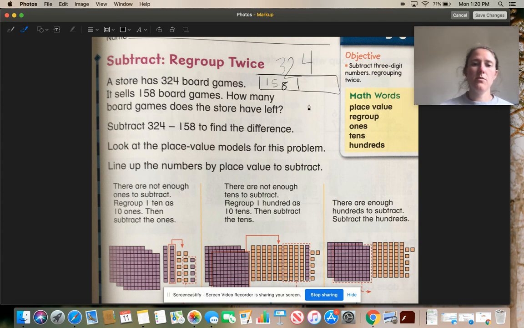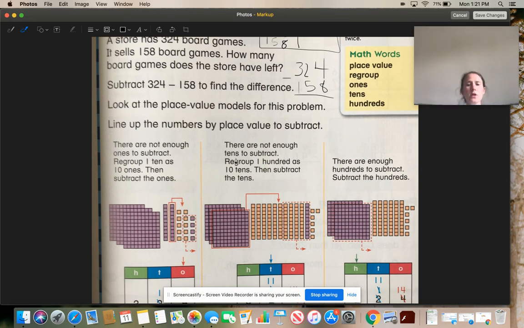What is the missing part? So we are subtracting 324 minus 158. Just like that. Now, look at the place value models to help solve this problem.